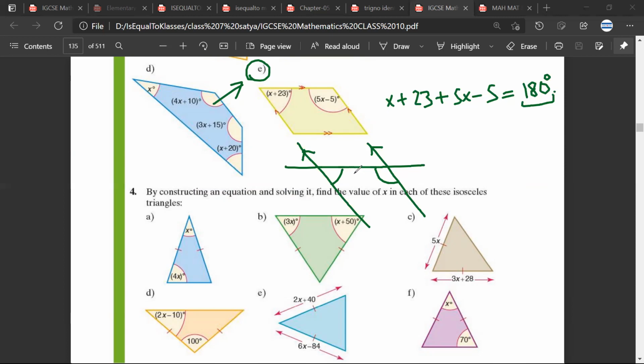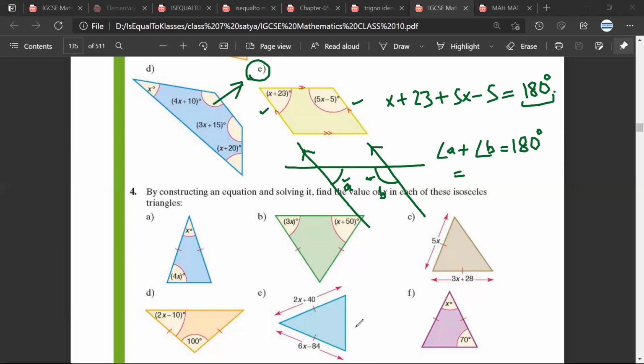Mr. Sarthak, Mr. Satya, the reason is these two are parallel lines. So this line is parallel to this. Because these are parallel lines, angle A plus angle B would be equal to 180 degree.